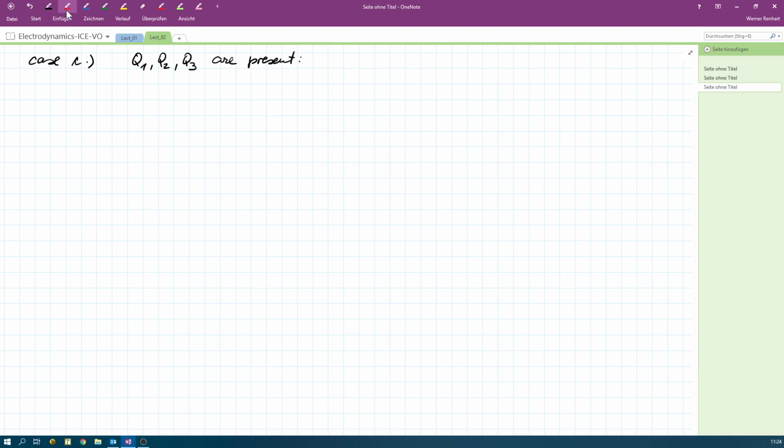This means we have to sum all effects acting on Q1 by a geometrical addition, which means a vectorial addition. We had Q2 and horizontally Q3 situated.